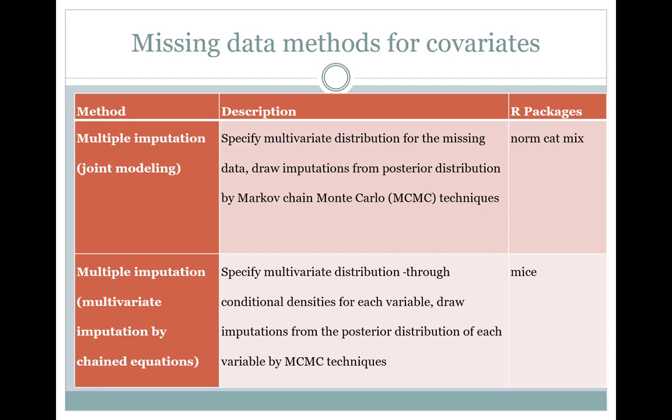Either one is viable here, but typically MICE is easier to implement because you only need to worry about distributions of covariates by themselves instead of thinking about the multivariate distribution of covariates. Though these days there is software that can do multiple types of covariates for joint modeling through mixtures.